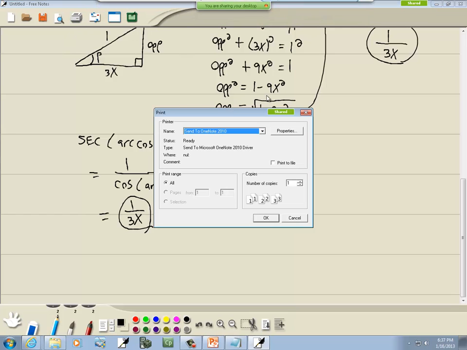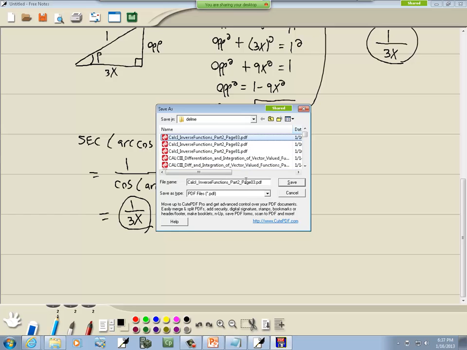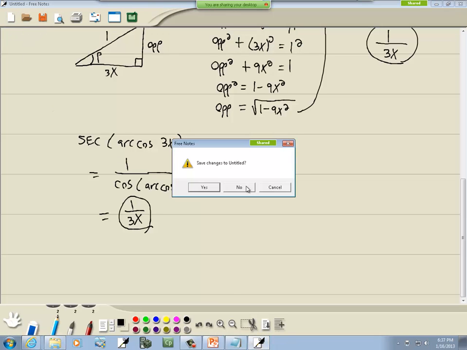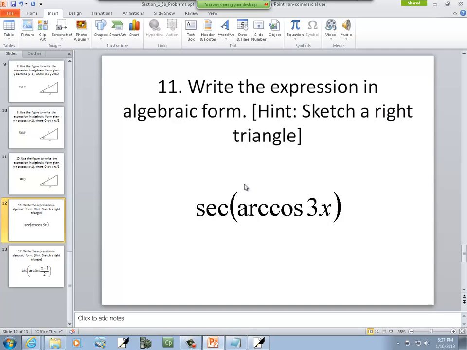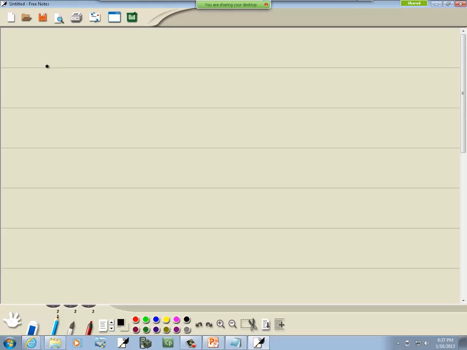Let me save that page. And let's look at our last problem. This one's a little bit more interesting than that previous one.